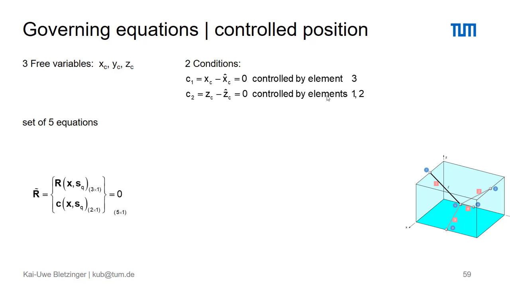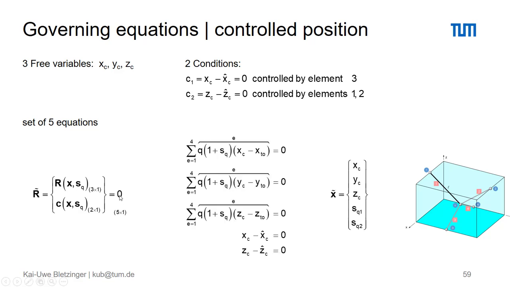Then we have a set of 5 equations, the 3 equilibrium equations and the 2 additional conditions, the control equations. And that's how our generalized vector of residual forces looks like, and at the solution they should be 0. That's more in detail how these equations look like.